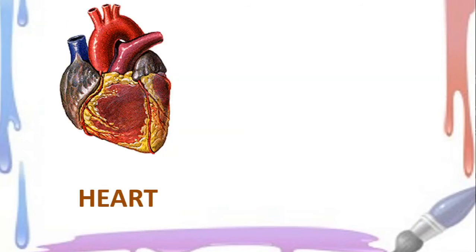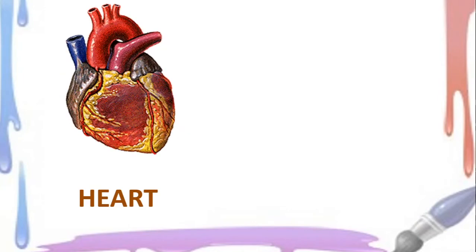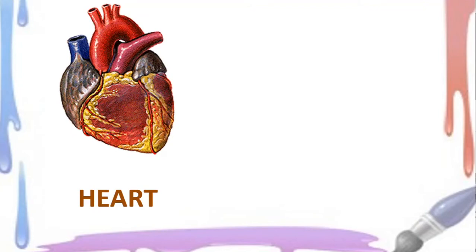So let us look at this word which all of us know. This word is heart. Okay, now the heart is a very important organ of the human body. It is a very important part of the human circulatory system, the heart. Okay, now let us see what the spelling of heart is. Heart. So how will you rearrange the letters in this word to form a new word?